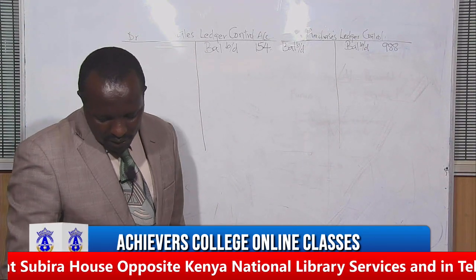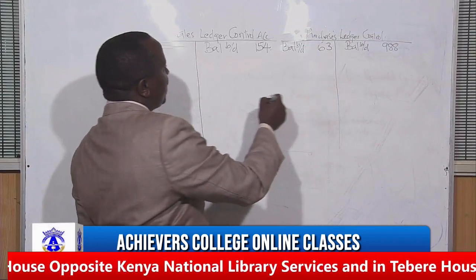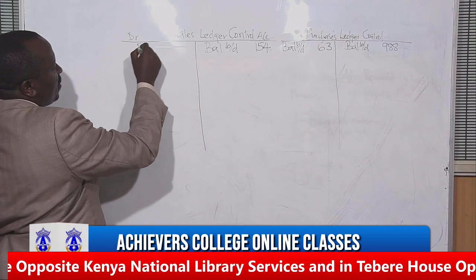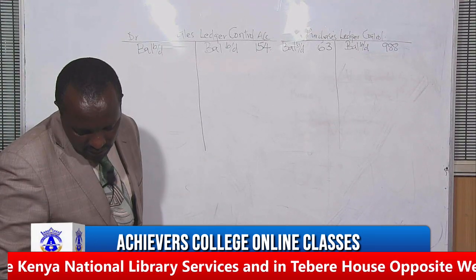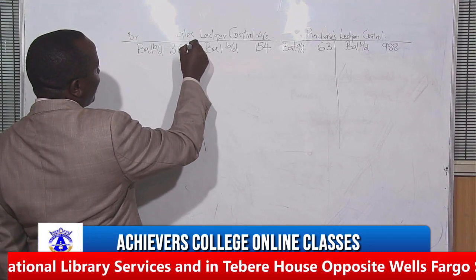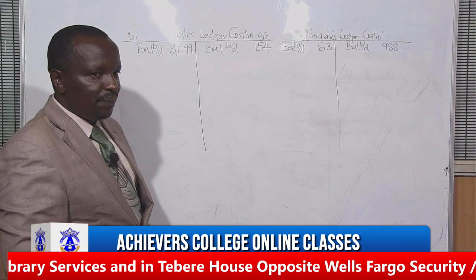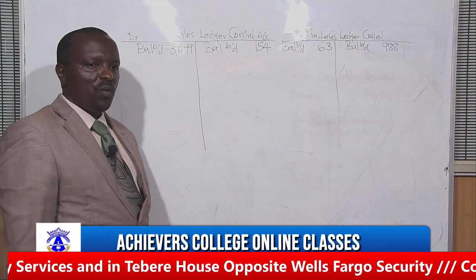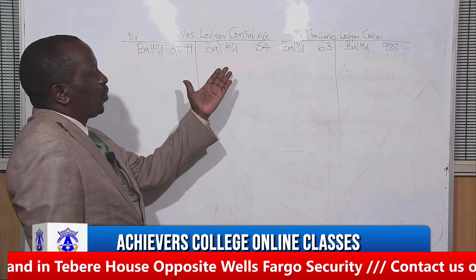And then debit balance in the sales ledger, which should be 699. That is something that I want you to know, that that is how it should be.